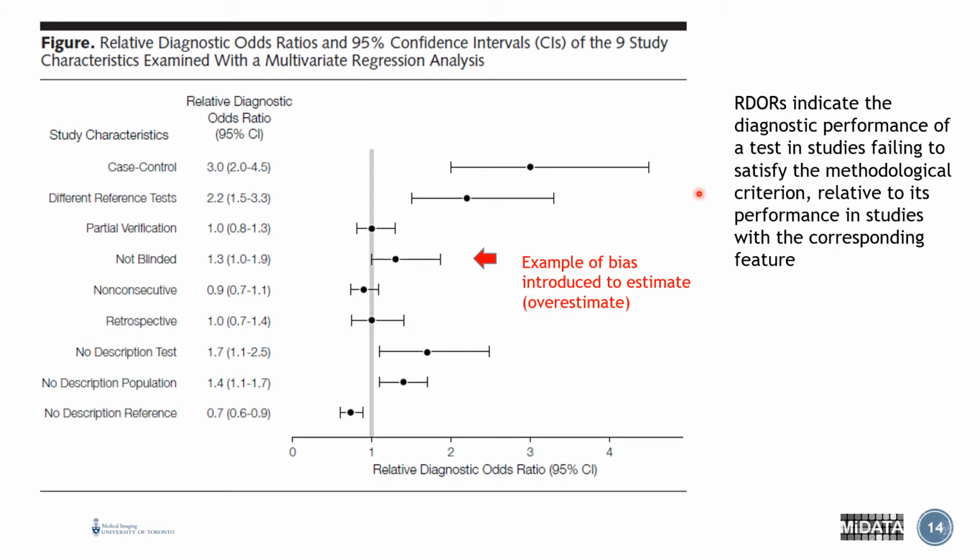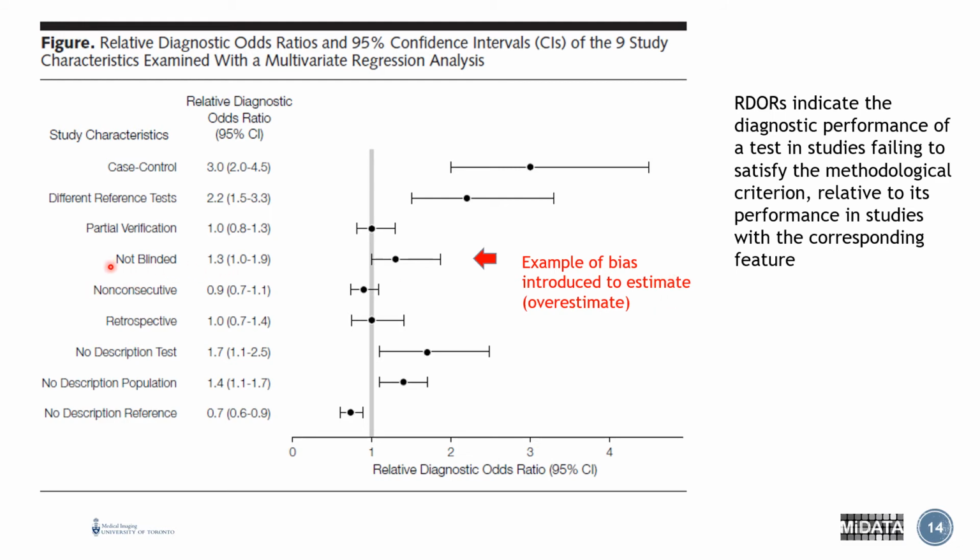Now, the relative diagnostic odds ratios indicate the diagnostic performance of tests in studies failing to satisfy the methodological criterion, and it's relative to its performance in studies with the corresponding feature. So here's an example of bias.